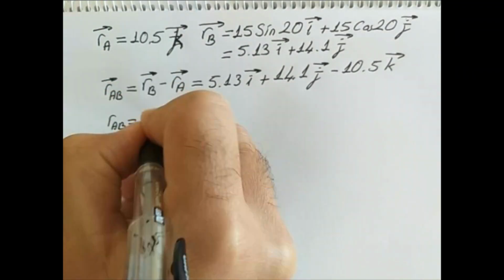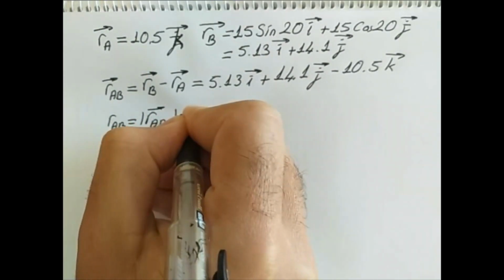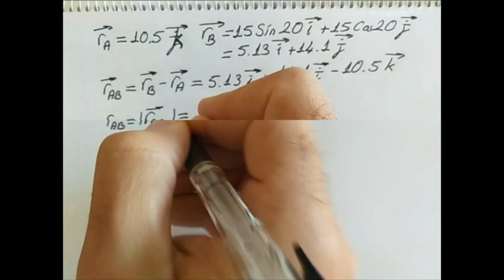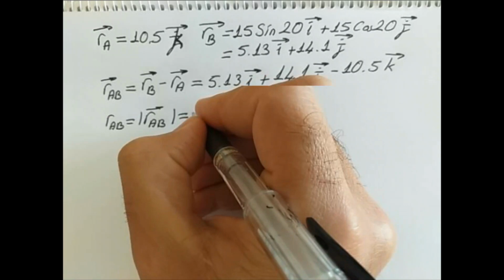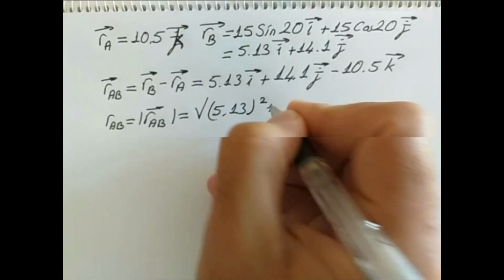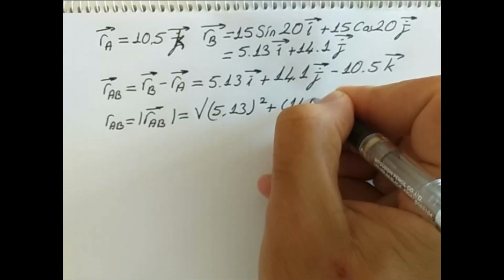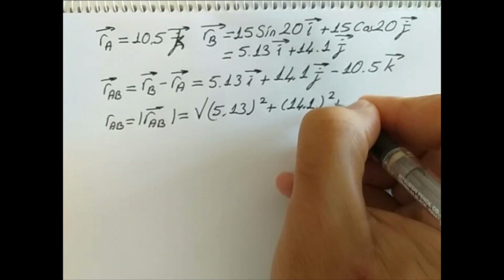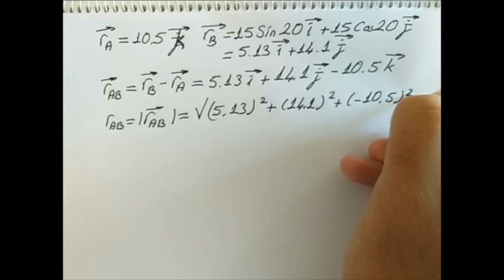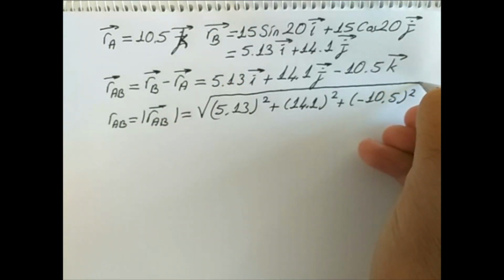It is equal to the square root of the squares of the components. So I have 5.13 square plus 14.1 square plus minus 10.5 square and square root of it. Therefore, the magnitude of RAB is 18.31.